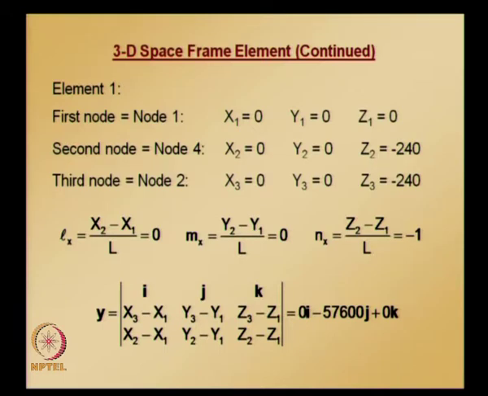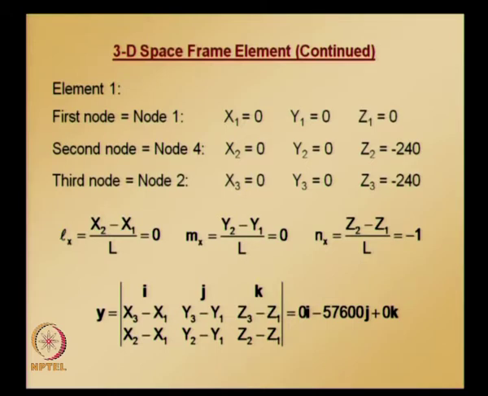So, Ly is equal to 0, My is equal to -1, this is the vector in the local y axis, and when you normalize it we are going to get 0 i minus 1 j plus 0 k.